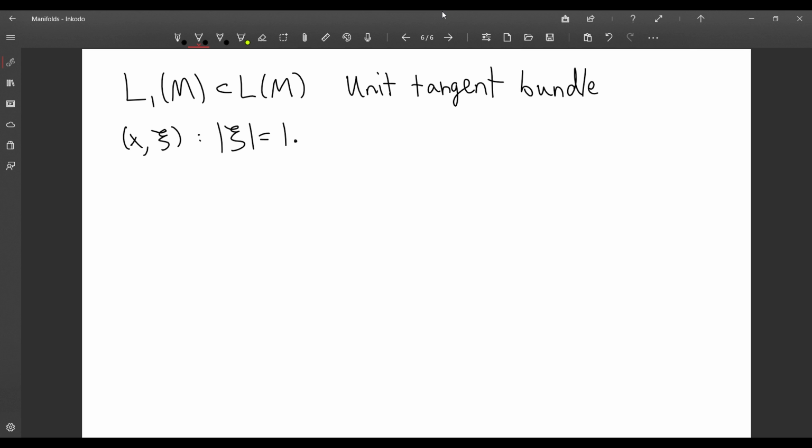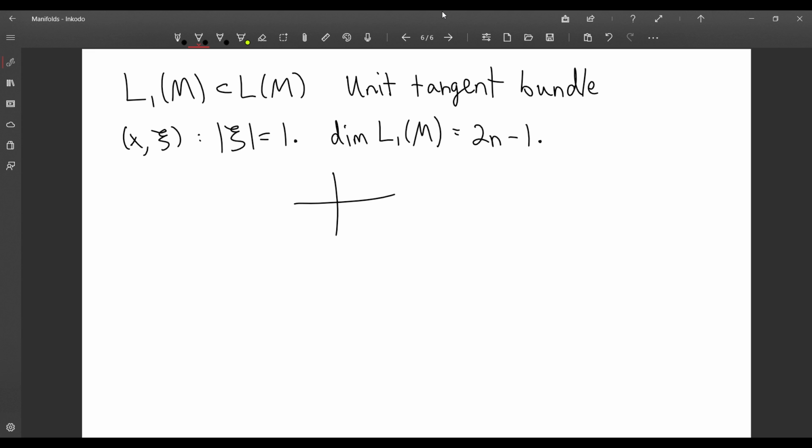And so this constraint is going to make L1 of M a 2n minus 1 manifold. So we essentially knock off a dimension from L of M because of this extra restraint.